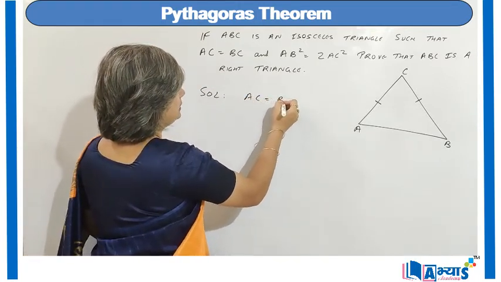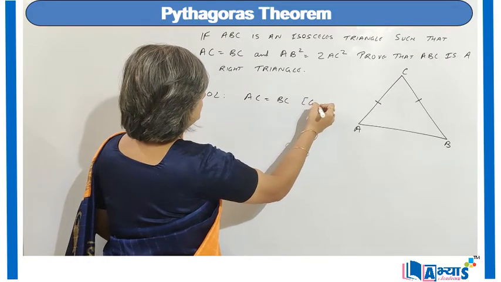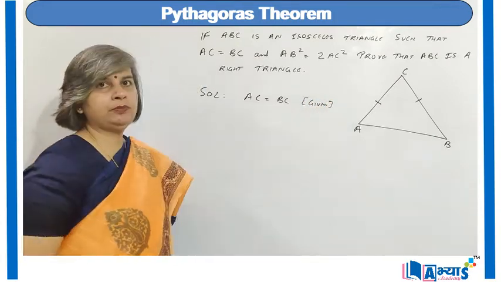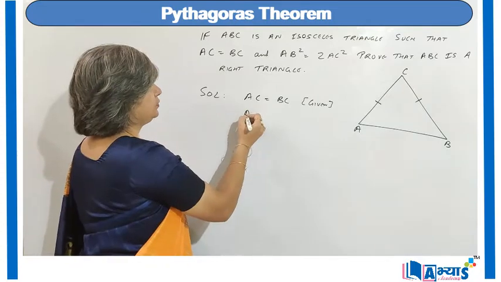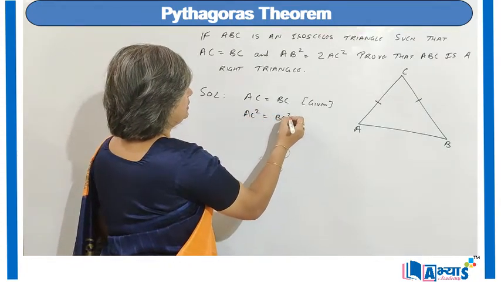AC is equal to BC, it has been given to us, and on squaring both sides we will get AC square is equal to BC square.